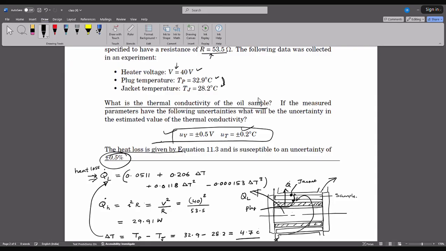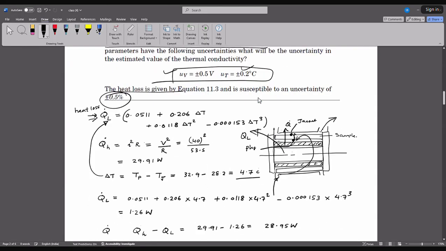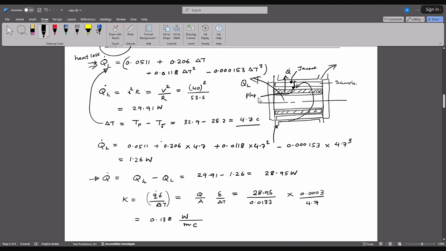Here, if we talk about this Q dot, because thermal conductivity depends on Q dot, Q dot has uncertainty.